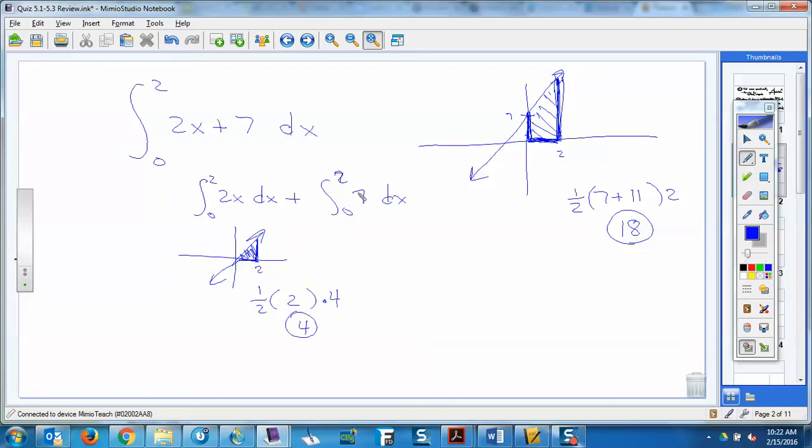And then how do you do the area of 7? Wouldn't that be 14? The function y equals 7 would be here, the area from 0 to 2. That would be a 2 by 7 rectangle, that would be 14. 4 plus 14 is 18, right? So that's what we did in section 1. So if I said evaluate this integral geometrically, that's what I'd be talking about, okay?